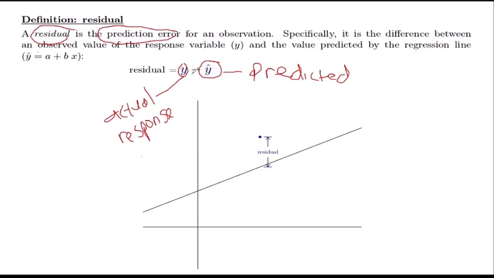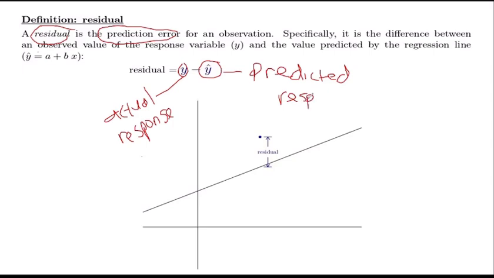The difference between the actual response and the predicted response is called the residual.